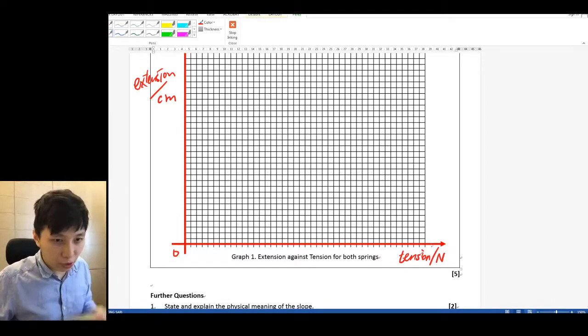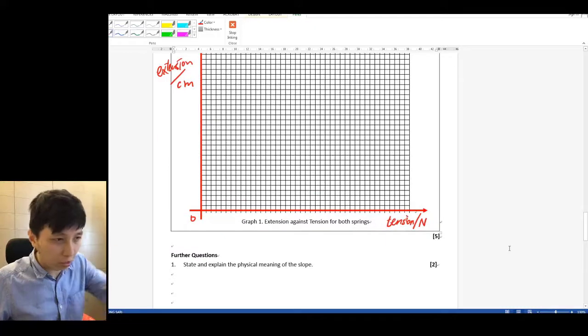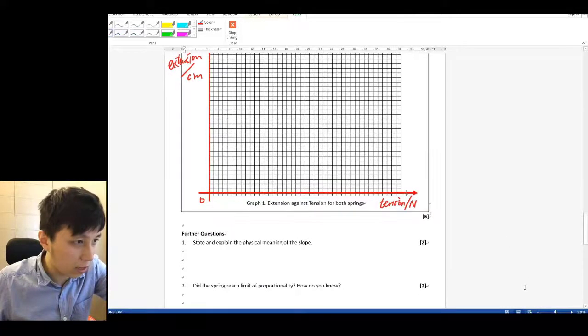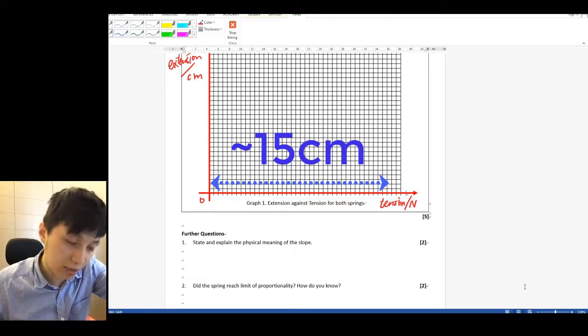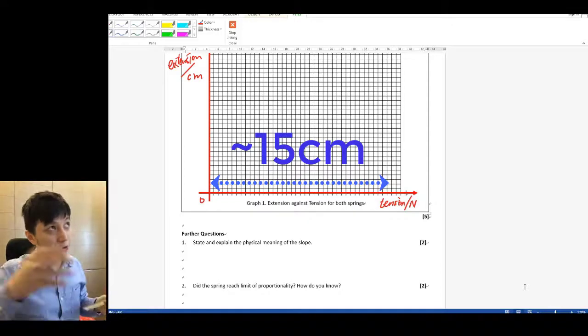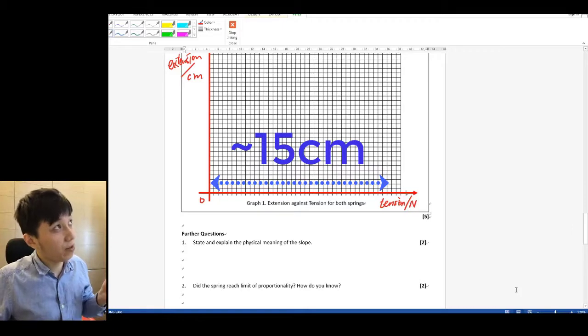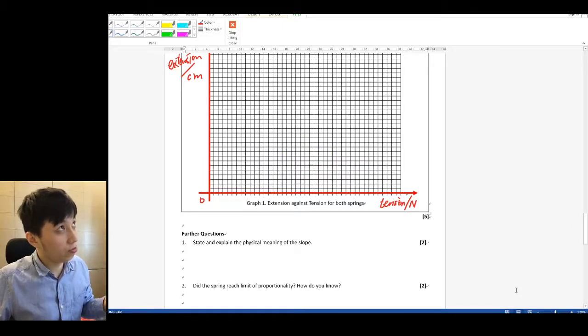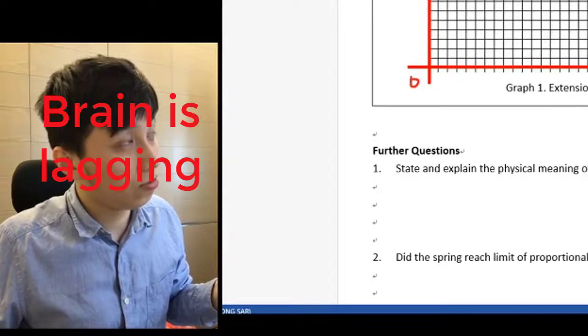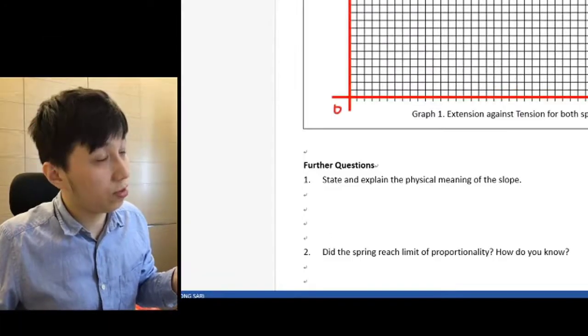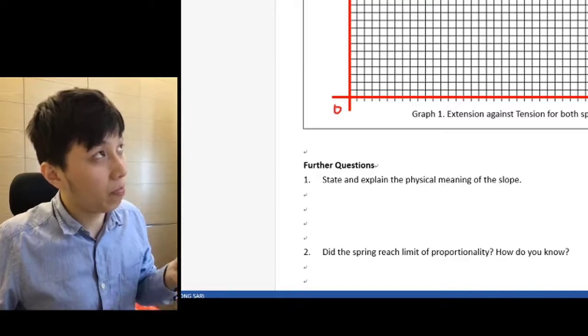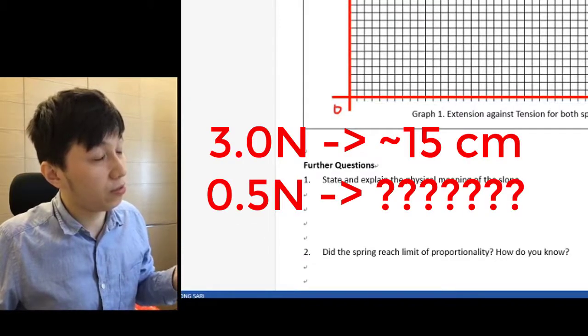Here, because I'm doing it on the screen, I can actually make it smaller because my ruler is not long enough. So here I've got about the whole x-axis about 15 cm for me. It will be different for you, but for me it's about 15 cm. So if that's the case, since I have to divide up to 3.0, for each of these 0.5, if 15 is 3.0, then 0.5 is going to be divided by 6.